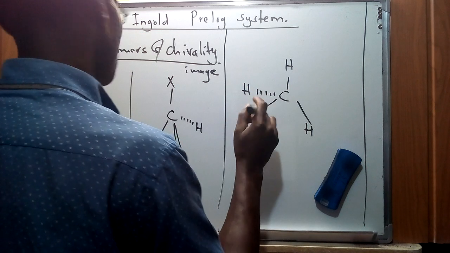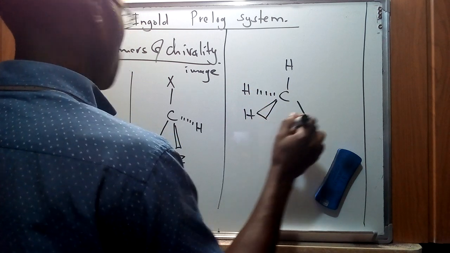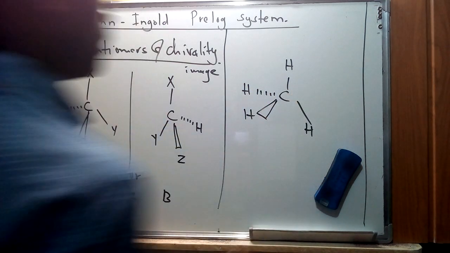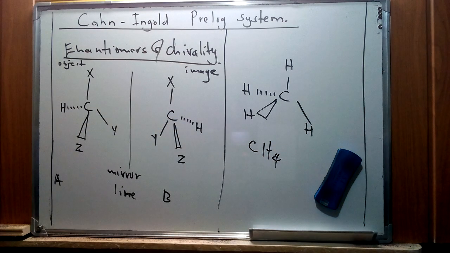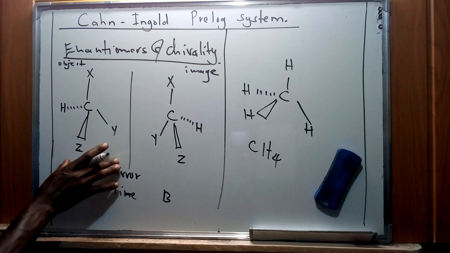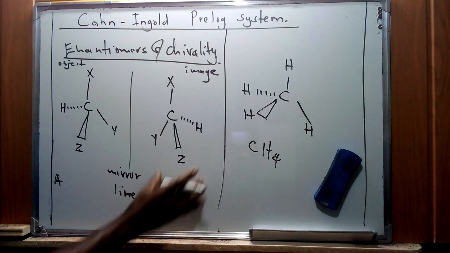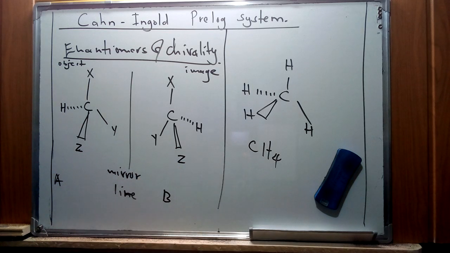I just use this hash and then a wedge, and then this specifically. It's analogous to the structure of CH4, which is a tetrahedral structure. So when we have this particular molecule represented as this, this one is going to form a mirror image of this specific compound.